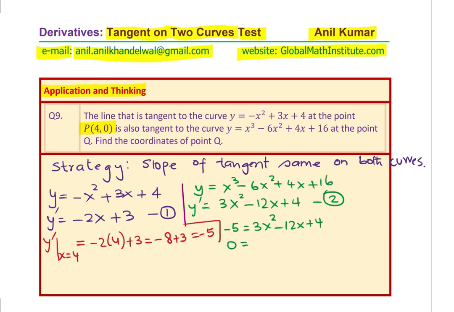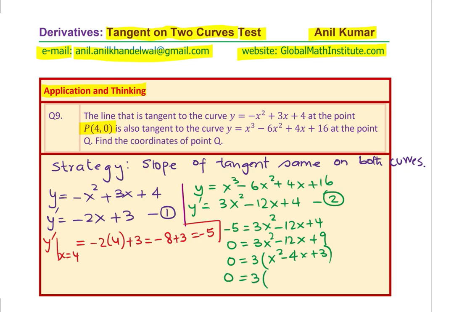0 equals 3x squared minus 12x, and minus 5 comes to this side, it becomes plus 9. We can actually factor this. Taking 3 common, we get x squared minus 4x plus 3, since 9 divided by 3 is 3. And this can be factored further.